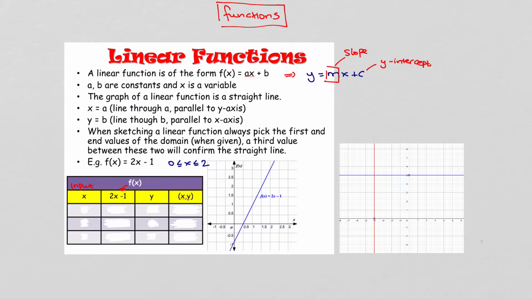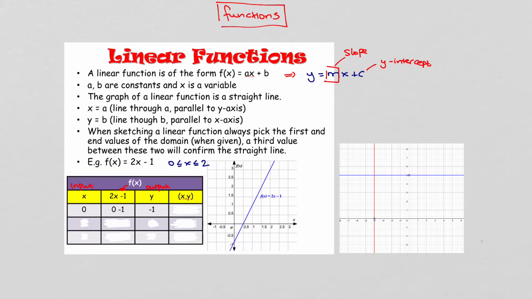When I input 0 into my function, I have 2 times 0, which is 0, minus 1, which gives me -1. So -1 is my output.